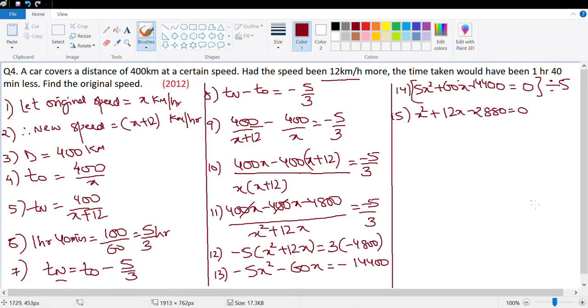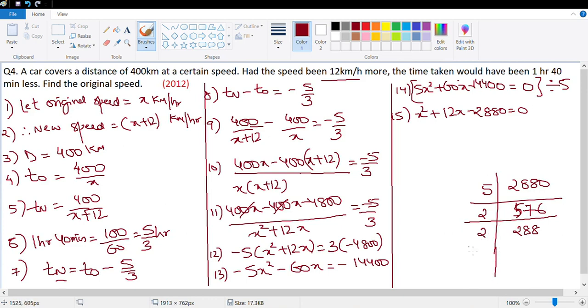Let me find factors of 2880. Let's start with 5. 5 into 5, 25. 5 into 7, 35. That leaves 30, which means 6. So 10, no, I need to go more.